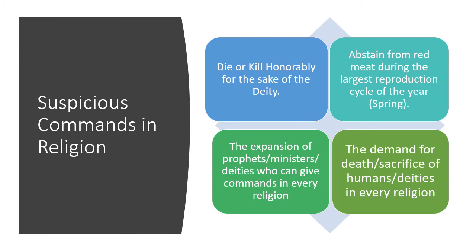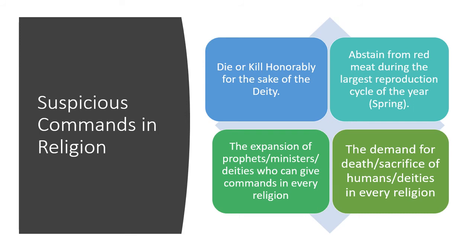Because if you ate red meat during cycles like Lent, you wouldn't have enough sheep or cows or whatever it is that you're trying to reproduce. You wouldn't have enough of them to meet the demand throughout the year. And so, whereas this can seem like a very religious sort of command, we see universally that religions adopt these sorts of commands, and it really seems as though it's in the interest of the society at large.